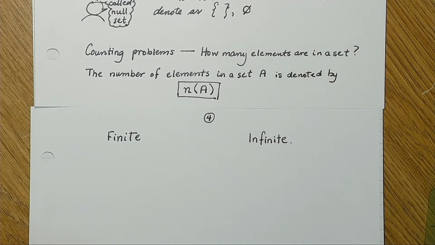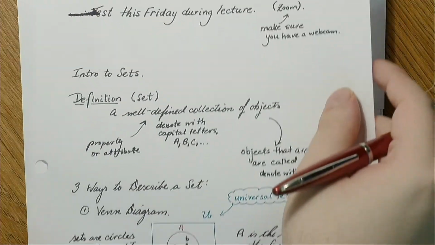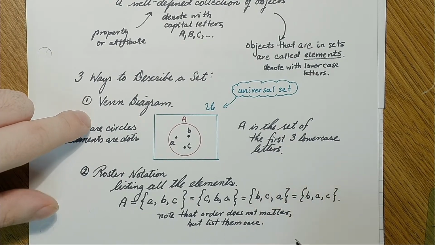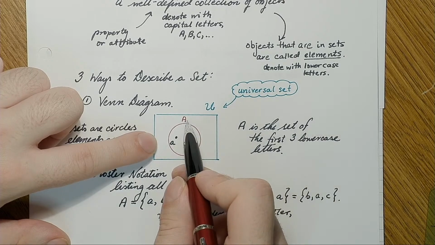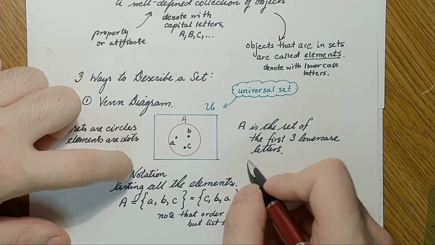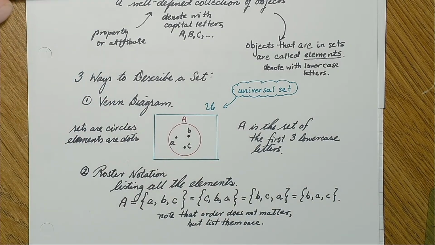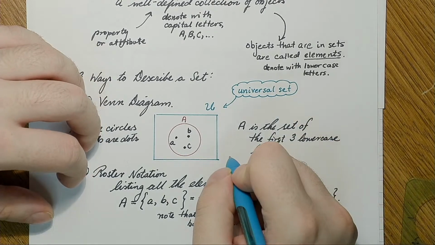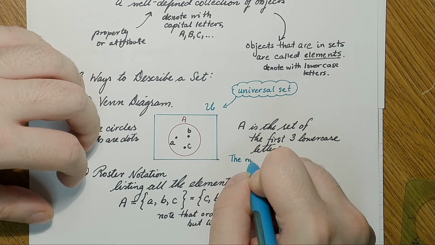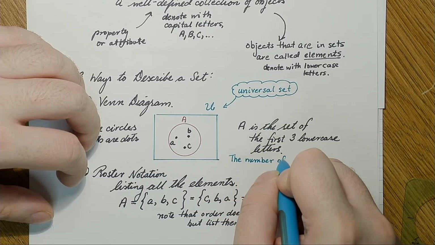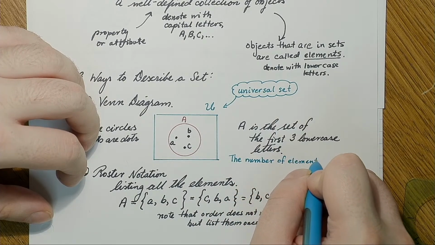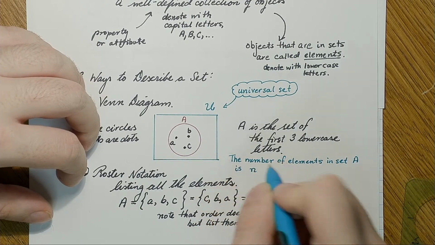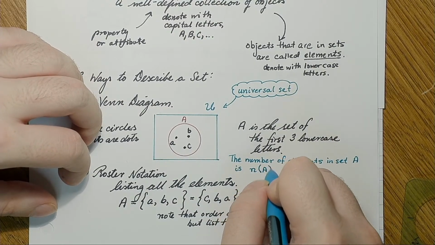So if we go back to our first example with the Venn diagram, the number of elements in this set A is 3. So you could also say, let me write this with a different color pen, the number of elements in set A, or n of A, is equal to 3.